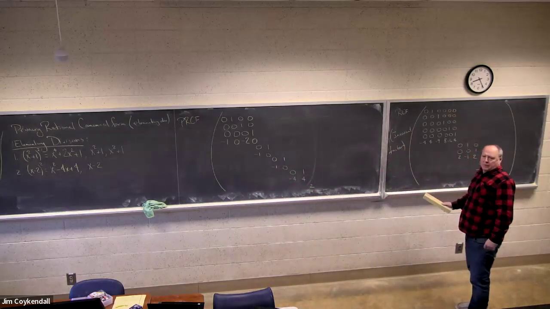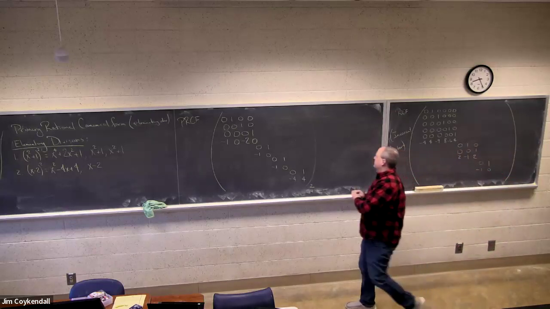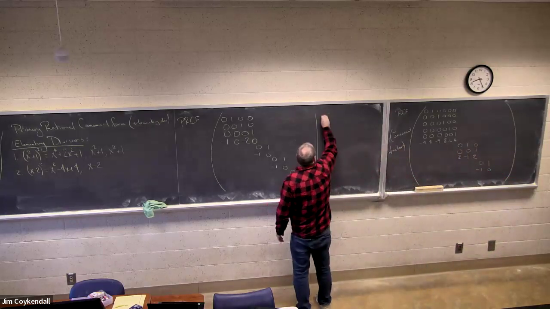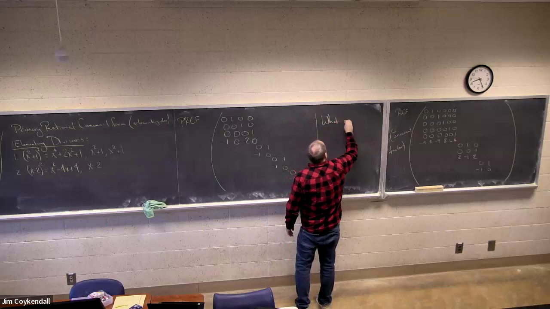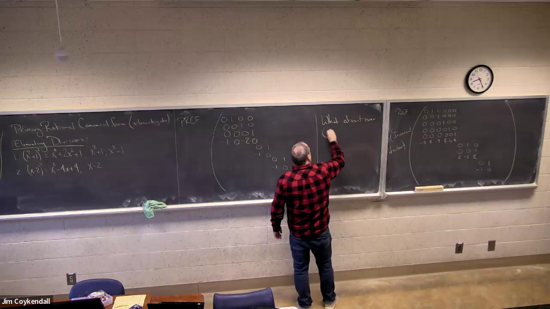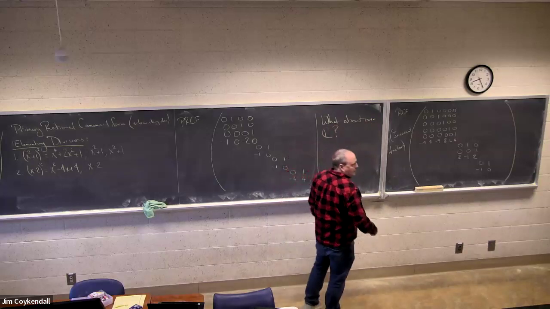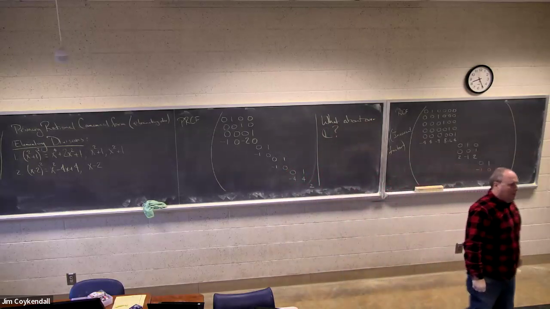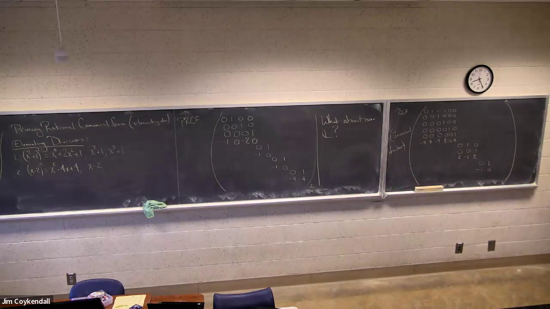Over the complex numbers, what about over the complex numbers? Well, I just gave you the invariant factors, right? And so the invariant factors are still good to go, right? So if I were doing this matrix over the complex numbers, my rational canonical form, same, nothing changes, right?